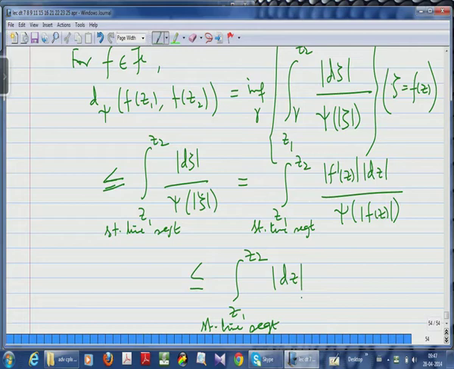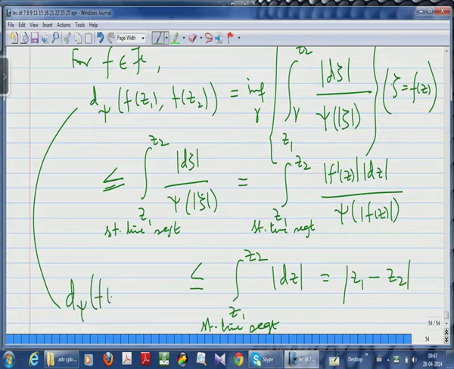But integrating mod dz will give you just the Euclidean metric, so it will simply be mod z1 minus z2. This is all that I am going to get. So what have we proved? On the left side I have d psi of f(z1), f(z2).